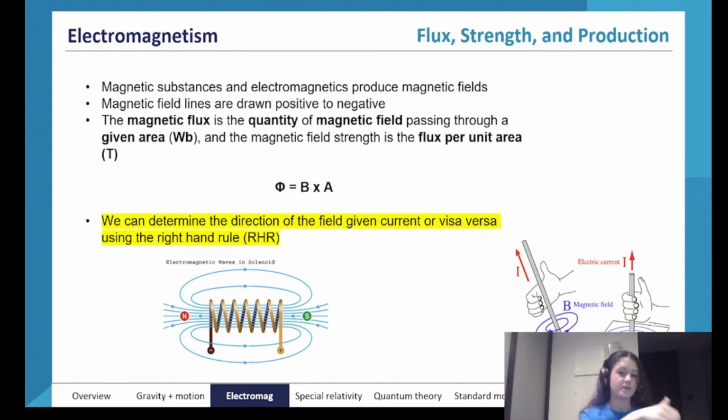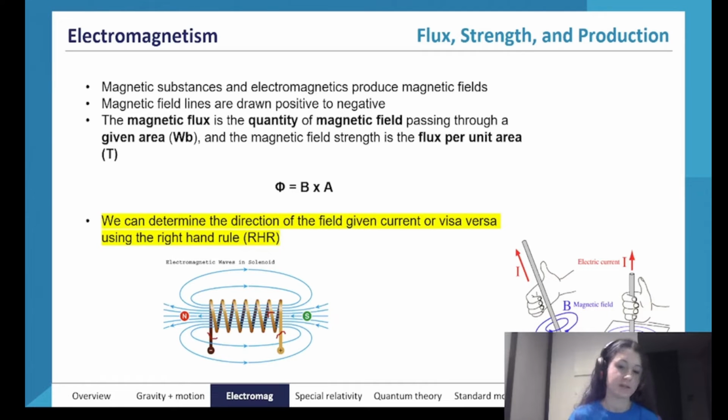So our fingers are going to be wrapping around this way, or kind of away from you. So this tells us that the conventional current is going to be moving kind of in this direction, which makes absolute sense.